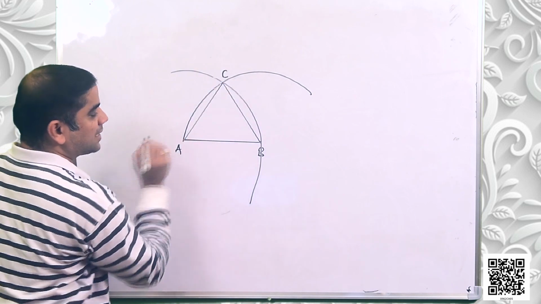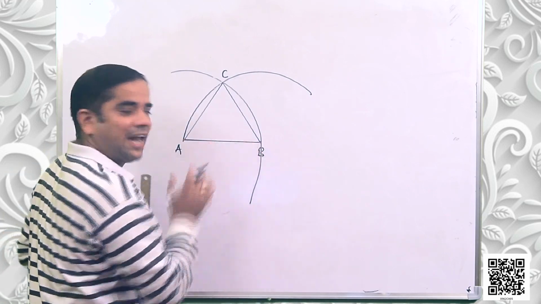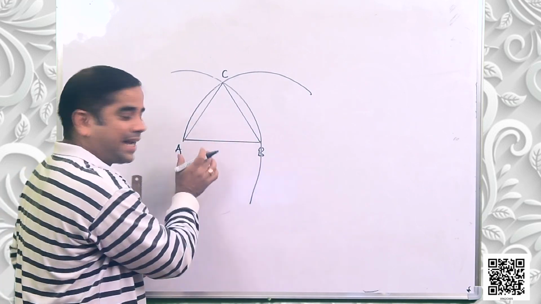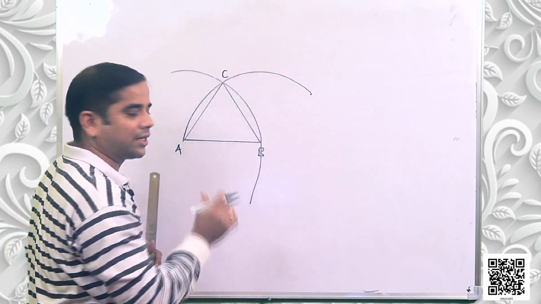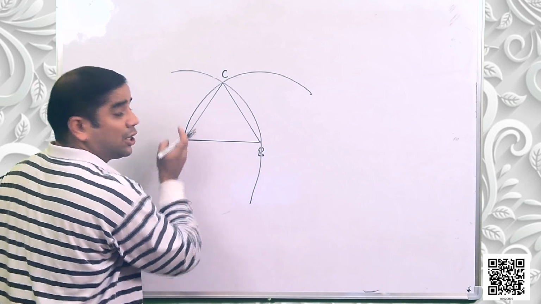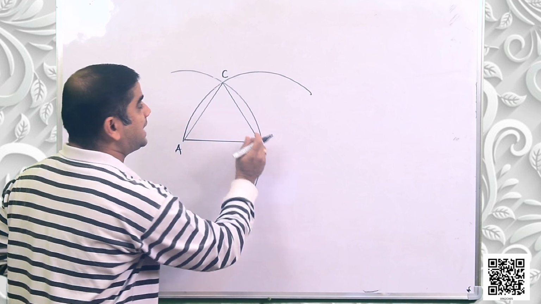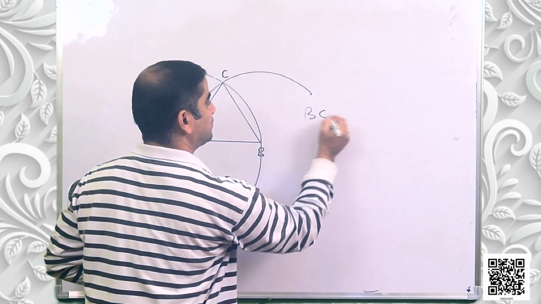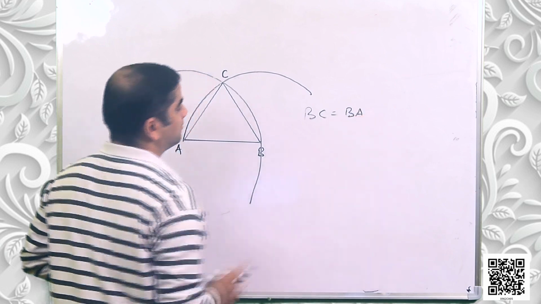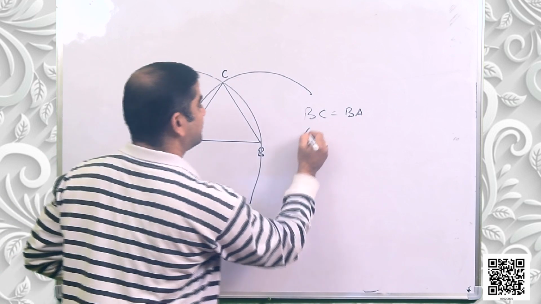Now what have we found? AB is the given line segment. We have taken AB and BA as two radii and constructed two circles so that we get two different radii AC and BC. BC is equal to BA, okay, and AB is equal to AC.